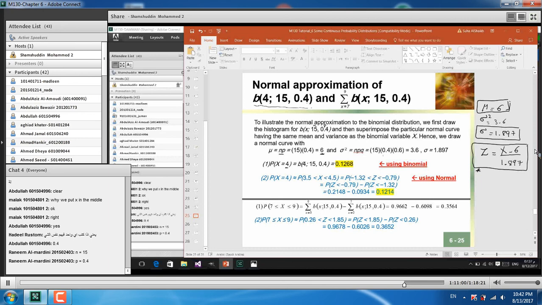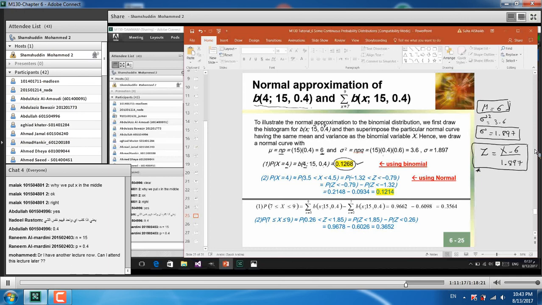If you remember from last time, the probability of x equal to 4 is binomial 4, 15, 0.4, the result is 0.1268. If I want to find the probability of x equal to 4 using the normal distribution, we can say it is for x between 3.5 and 4.5.